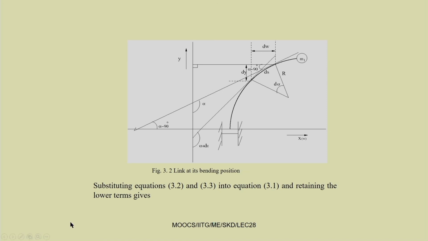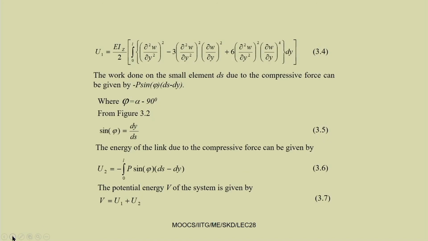Now we can find U equal to E I z by 2 integration of del square w by del y square, minus 3 (del square w by del y square) whole square (del w by del y) whole square, plus 6 (del square w by del y square) whole square into (del w by del y) to the power 4, into dy.